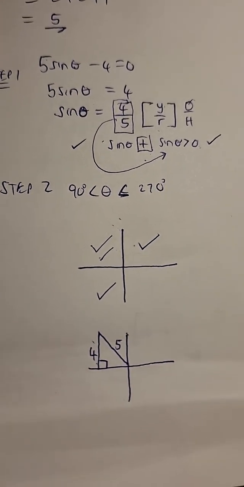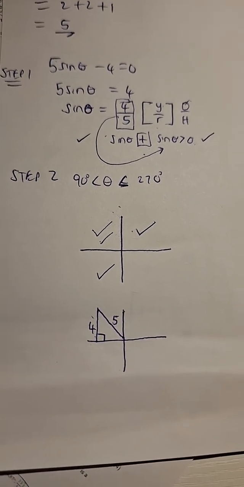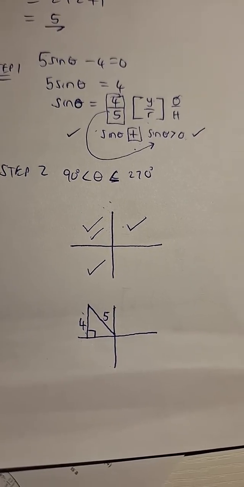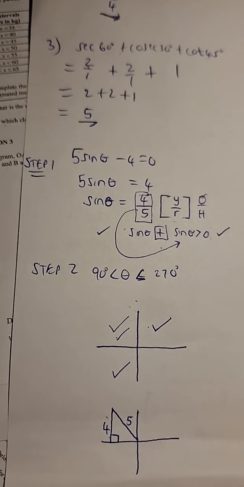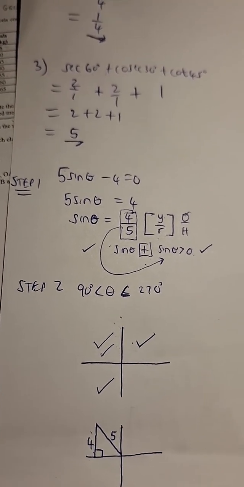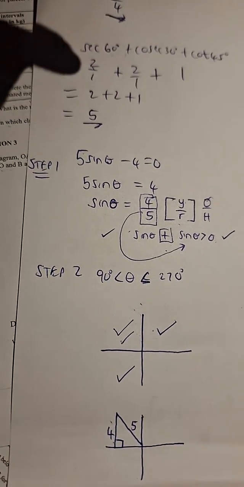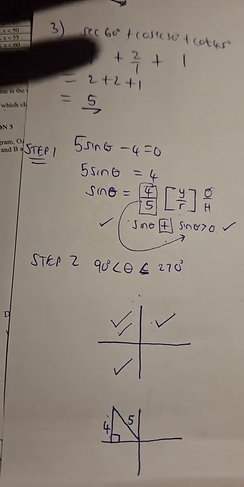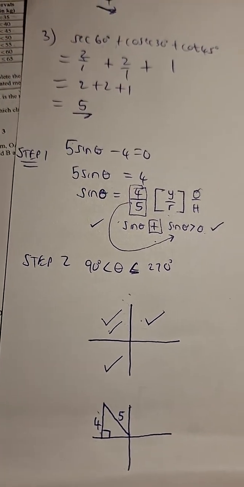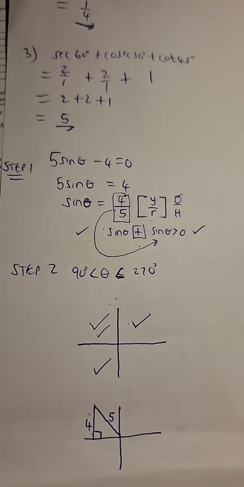What grade are you in? Are you grade 10? And please specify to me, are you lost in step 1? I explained step 1. Where are you lost in step 1? Let's go step by step.